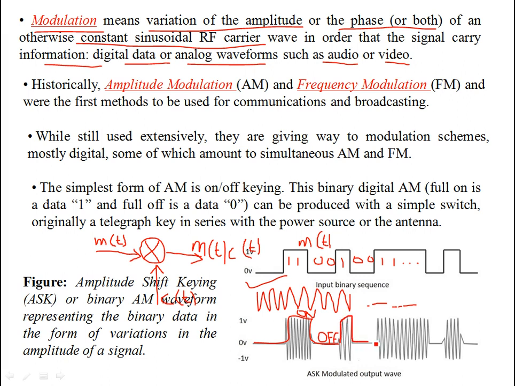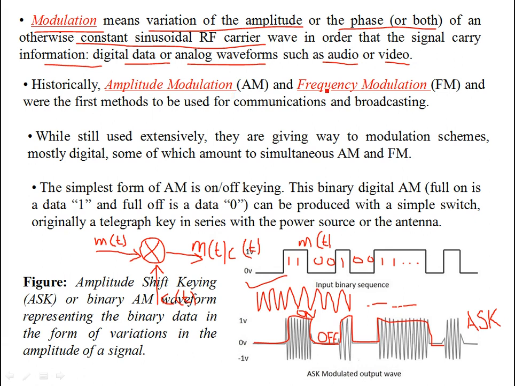So again, it is on, then off, on, off, and this trend continues. So this is a modulated scheme. This is known as an ASK waveform. This is an amplitude shift keying waveform. So you have a digital message signal, and that's how you encode a continuous RF signal.